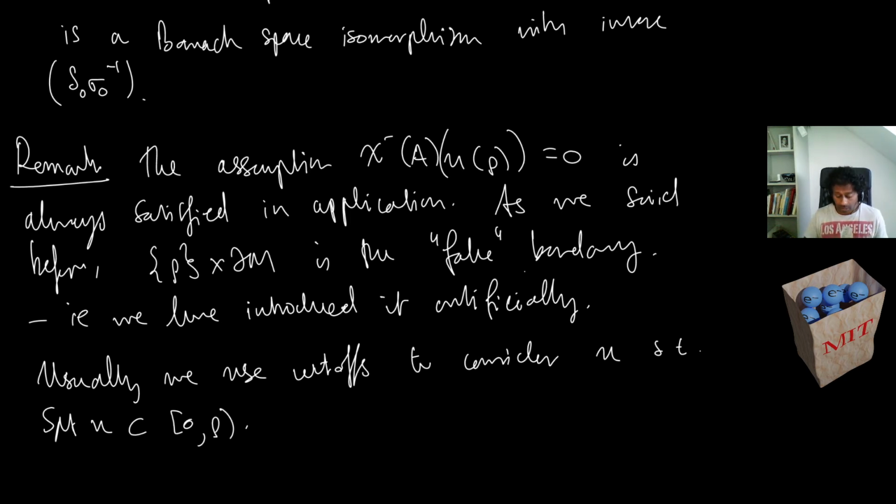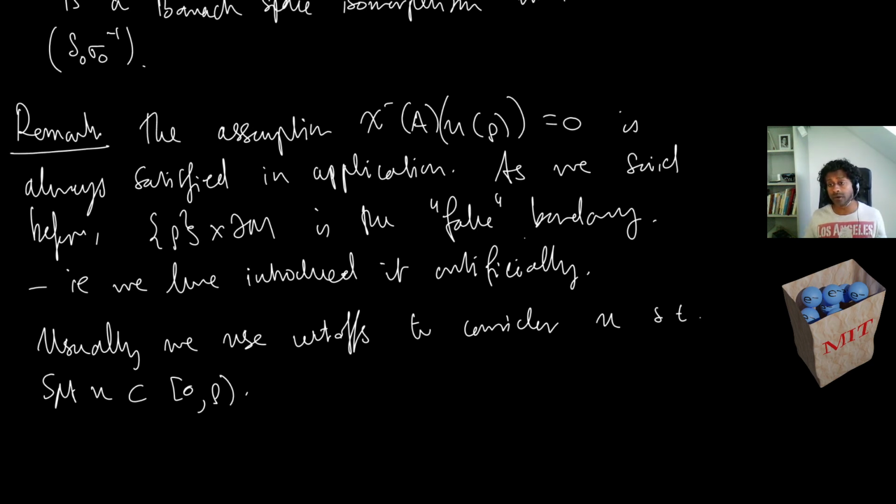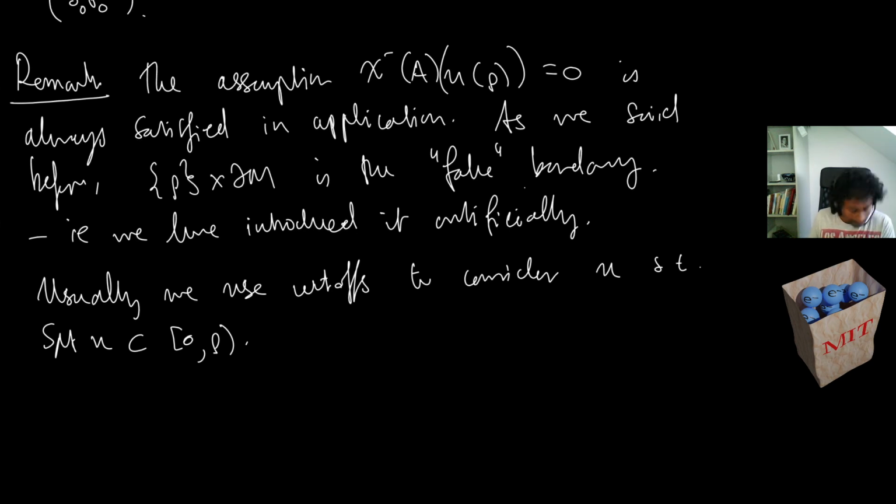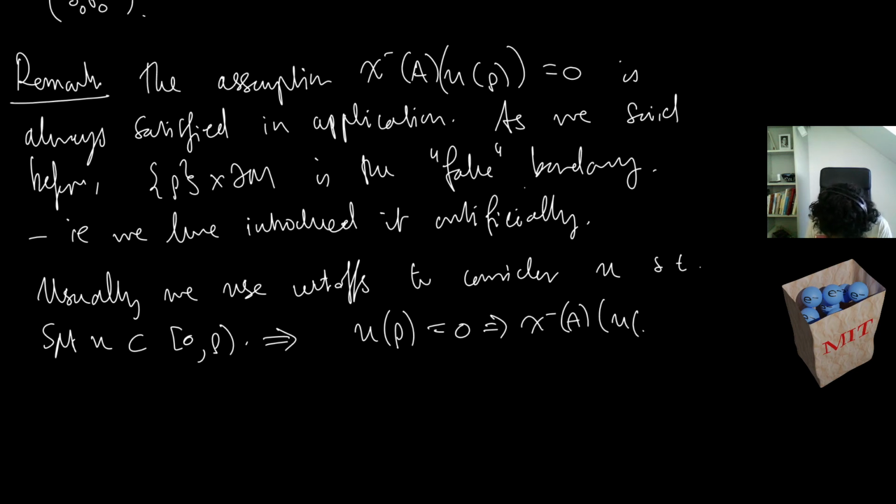So the rho comes out of geometry, then we use some cutoffs so that the support of the things that we have to consider for boundary value problems doesn't touch rho. And this in particular implies that u at rho is equal to 0, and in particular chi minus of a of u at rho equals 0.